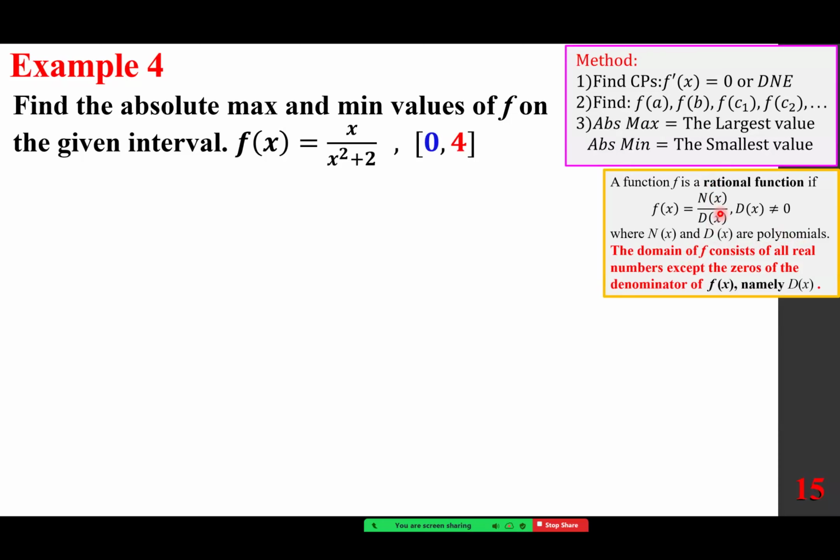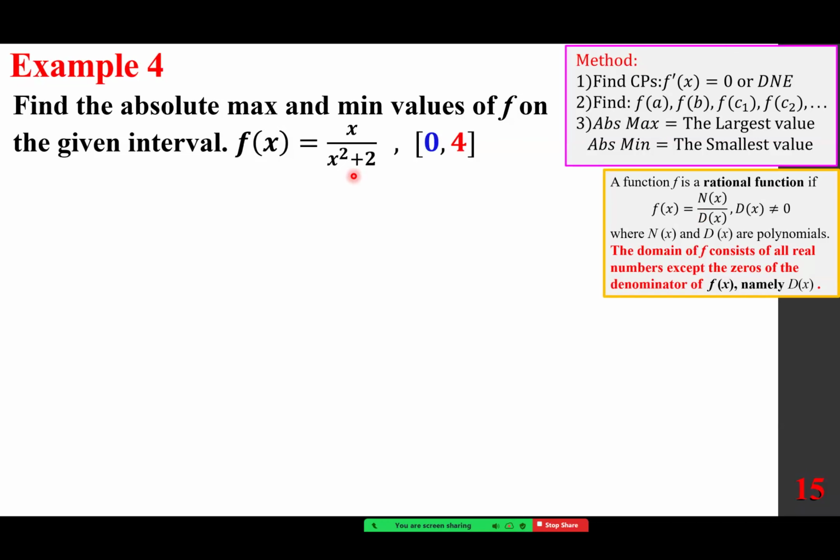For rational functions, the top and the bottom must be polynomials. The domain of f consists of all real numbers except the zeros of the denominator of f of x, namely d of x. In short, you set the denominator equal to 0, and you exclude that. That becomes your domain. Normally, there is something to exclude.